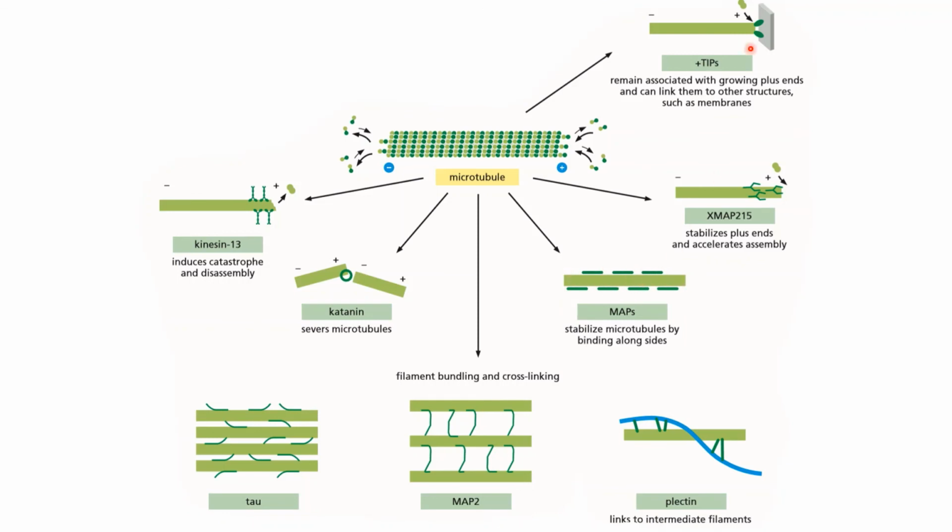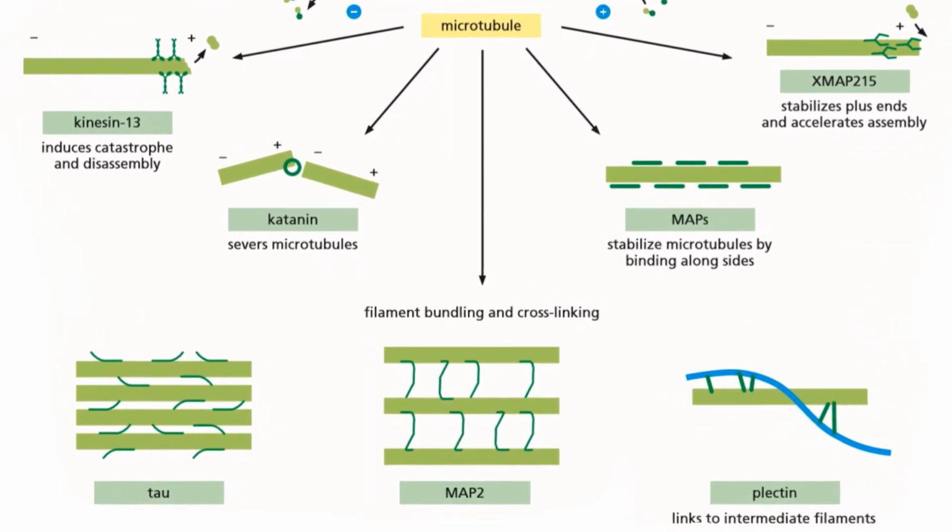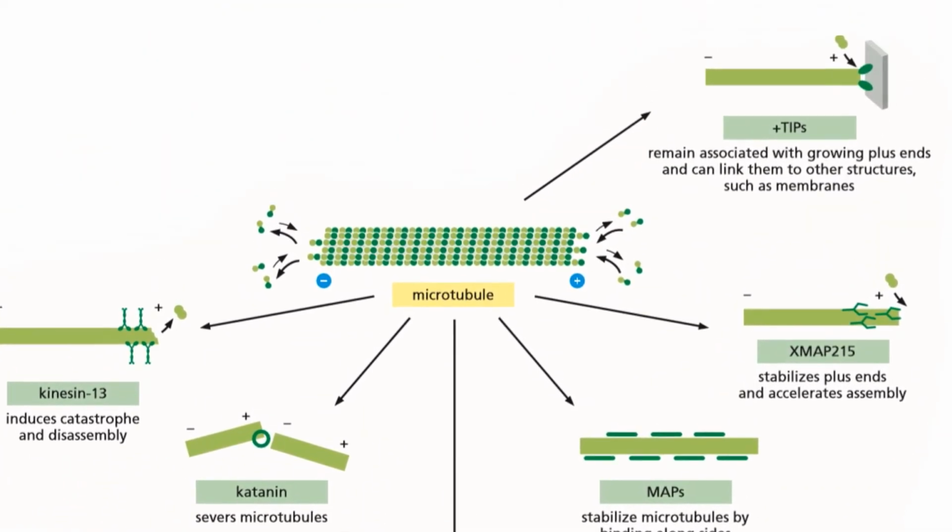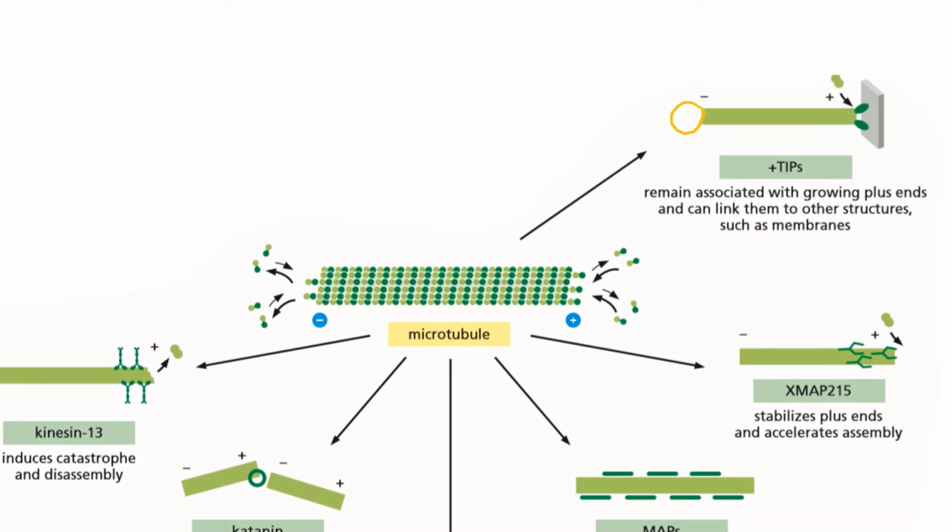And of course, the plus tips, which prevent the end of the microtubule from splitting. So if we're going to illustrate it, the gamma TuRC, which is where the microtubule organizing center is located, is at the negative end, and the plus tip, which is a special type of microtubule associated protein, is at this positive end to prevent it from catastrophically collapsing again.